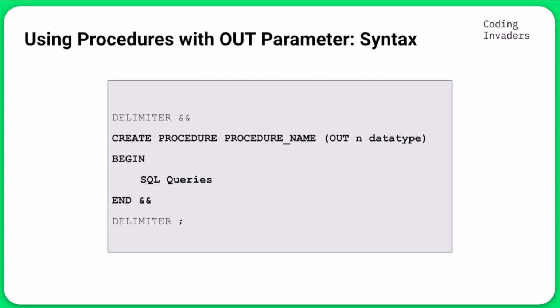Since it was an out parameter, we give the keyword out, the variable n, and any data type. Then begin, give your SQL query inside, and end it with the keyword end and the double ampersand symbol. At the end, we give the keyword delimiter with a space and a semicolon. In order to call the procedure, we use the keyword call and the procedure name.